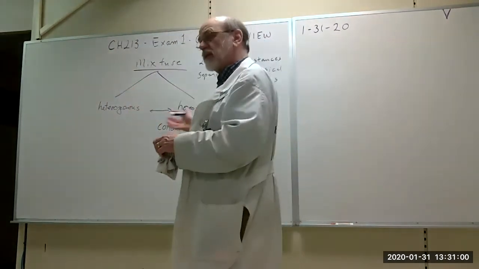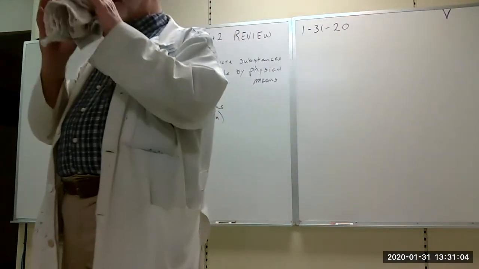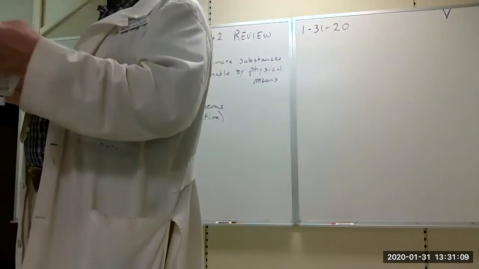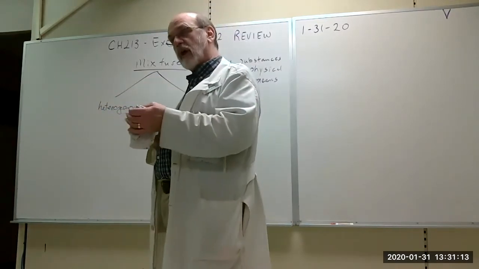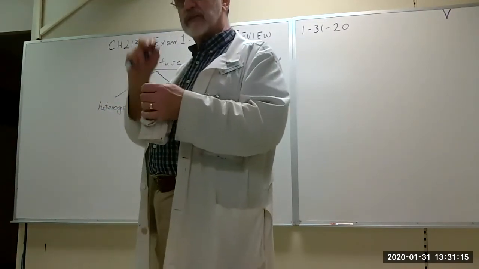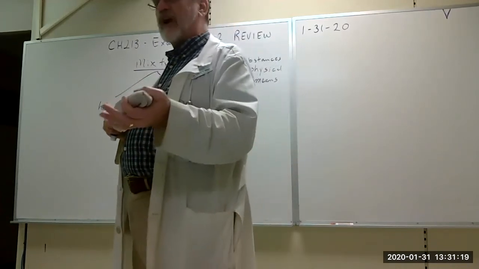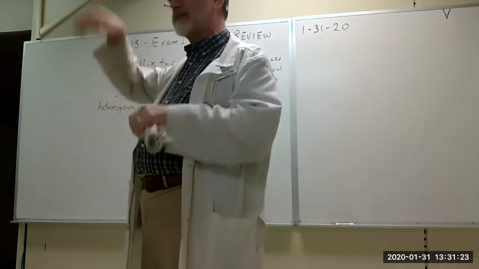So if you have a water molecule, any change that does not attack the bonds of the oxygens and the hydrogens is a physical change. Whereas a chemical change involves the breaking and formation of bonds. So for water, that'd be something like electrolysis, where you break the bonds and you produce hydrogen gas, oxygen gas.